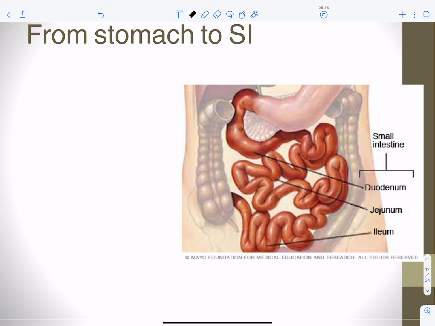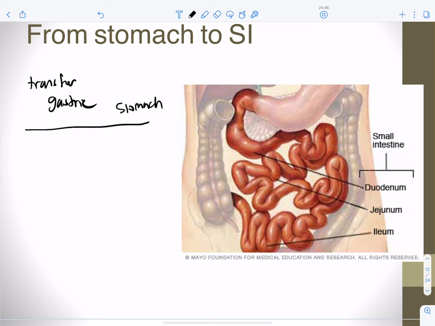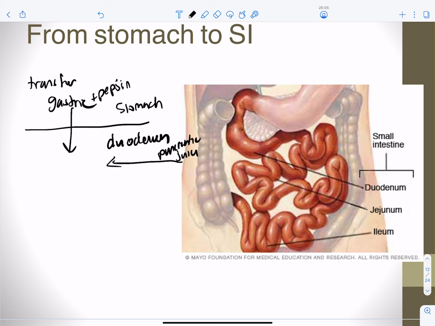So transfer: you have your stomach, into your duodenum, and here you have your pancreatic juice. And so this is very low pH. Oops, those arrows are not very good.